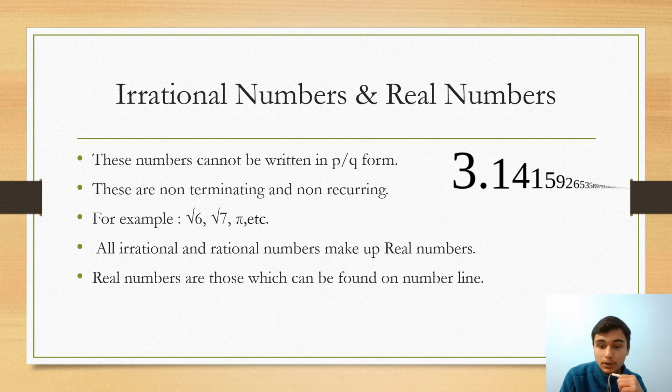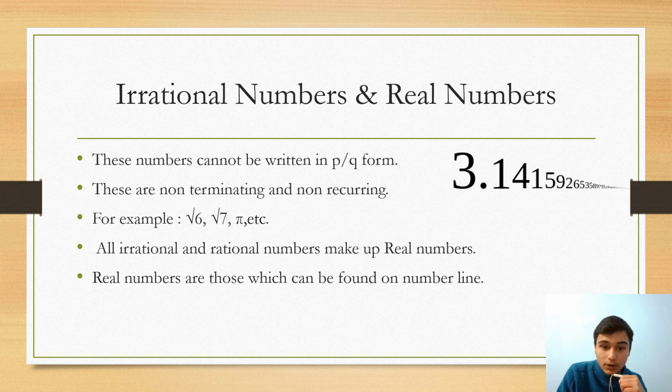Basically, if we divide some numbers like 1 upon 3, or if we see the pi value, 3.1415926535899, it goes on to trillions of digits, like root 6, root 7, root 2. The approximate value of root 2 is 1.414, but it does not terminate, like the pi value. And non-recurring means non-repeating. It is not terminating and non-recurring.